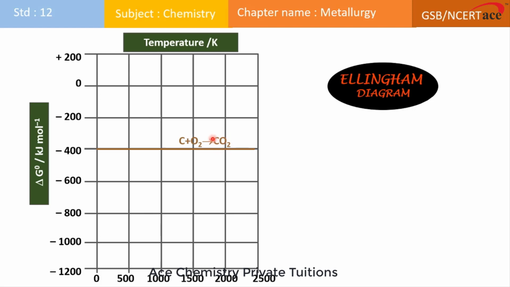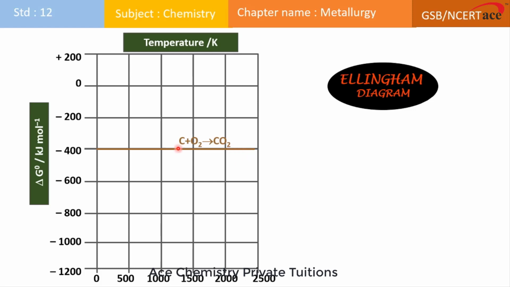For the other, if you will see, students, this graph where the carbon dioxide is formed. Now formation of carbon dioxide from the coke, if you will see, this line for the delta G naught value for the formation of carbon dioxide is exactly parallel to the x-axis. So if this line is parallel to the x-axis, what does it indicate? Even at the lower temperature and at the higher temperature or any temperature, the value of delta G naught for formation of carbon dioxide from coke remains the same, remains constant.